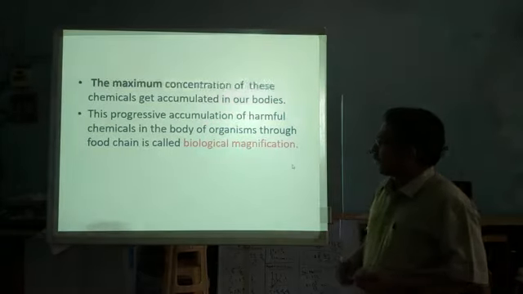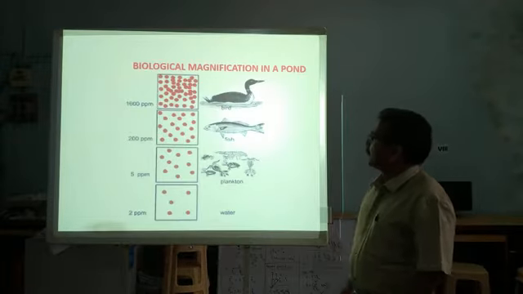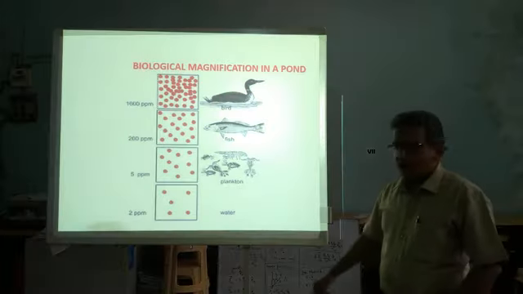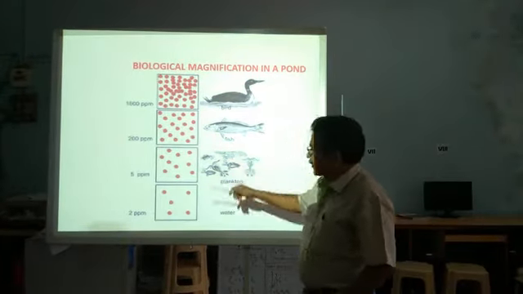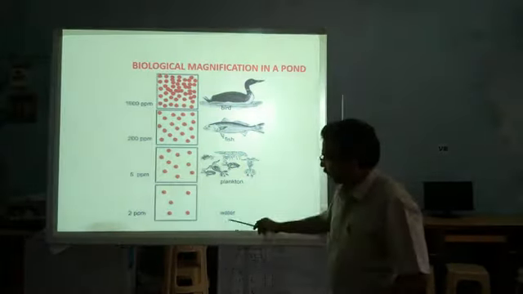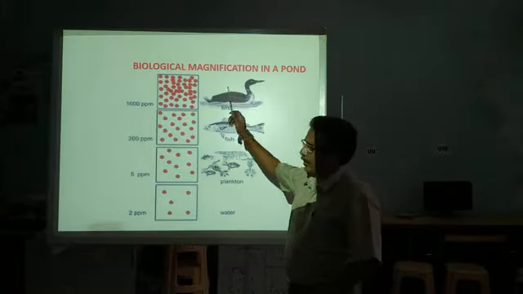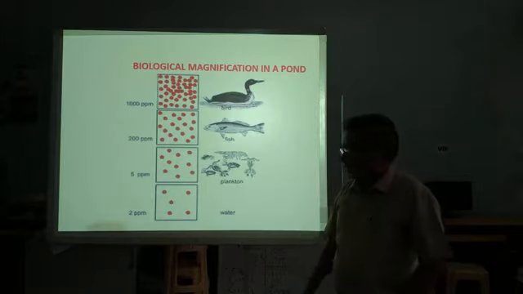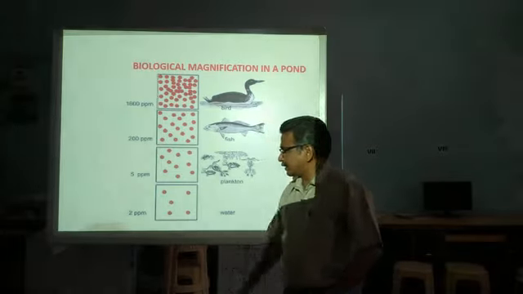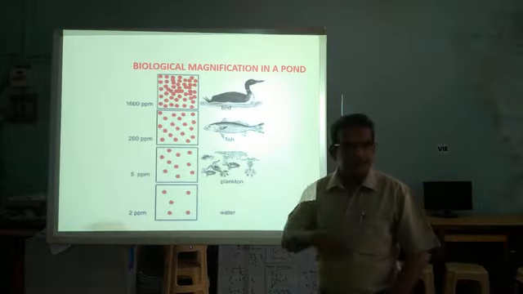Now we will be looking into yet another environmental problem. But before that, you can see the concentration of these chemicals accumulating from the lower trophic level to the highest one. In the water, the concentration may be, for example, 2 ppm, 2 parts per million.